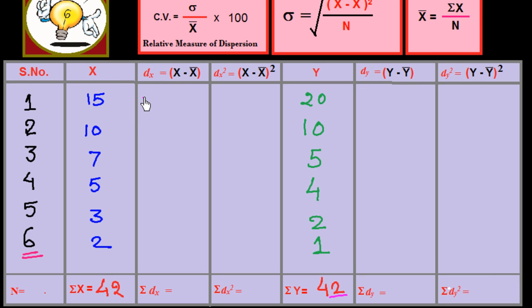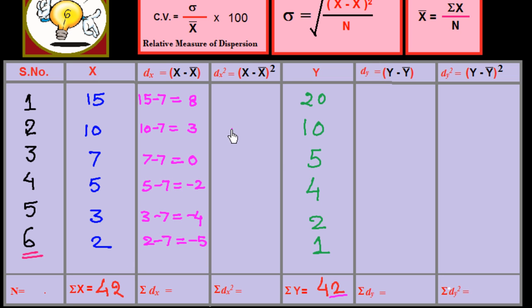So we get here 15 minus 7, which is equal to positive 8, 10 minus 7, which is equal to positive 3, 7 minus 7, which is equal to 0, 5 minus 7, which is equal to negative 2, 3 minus 7, which is equal to negative 4, and 2 minus 7, which is equal to negative 5.